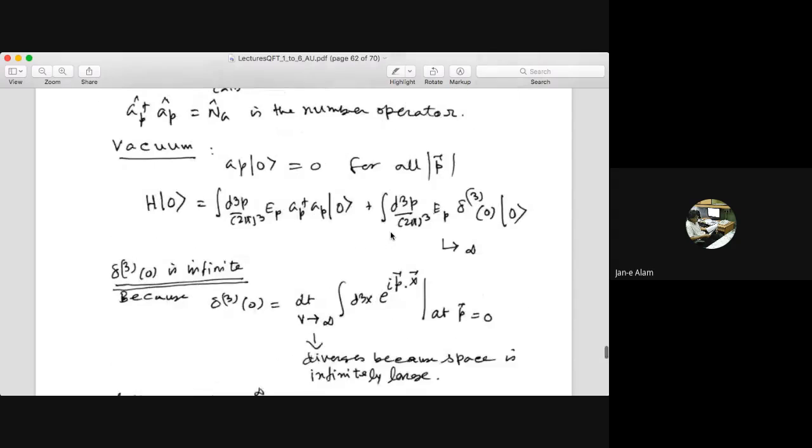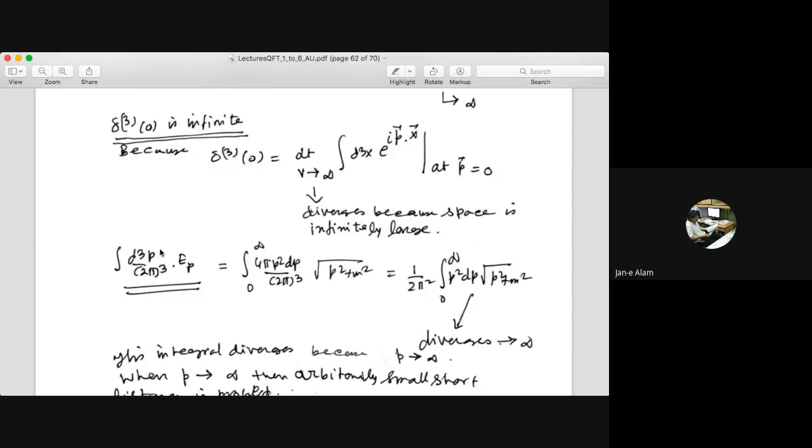That is one divergence. The other factor is d cube p by (2 pi) cube into E_p, the energy. I can write d cube p as 4 pi p square dp, because there is no angular dependence in the function which I am integrating, which is simply root over p square plus m square, where p is the 3-vector.